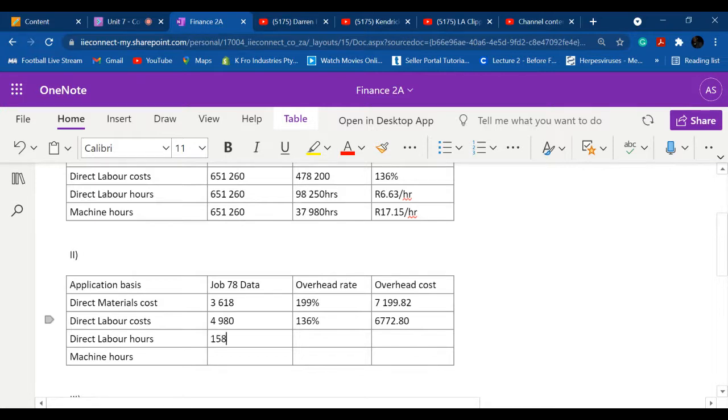Okay. Then direct labor hours. They've told us that we have 1,580 hours. Okay. All right. And then the rate for labor hours is 6.63 per hour. Okay. No problem. So we say 6.63 times 1580, and I'm getting 10,475.4.